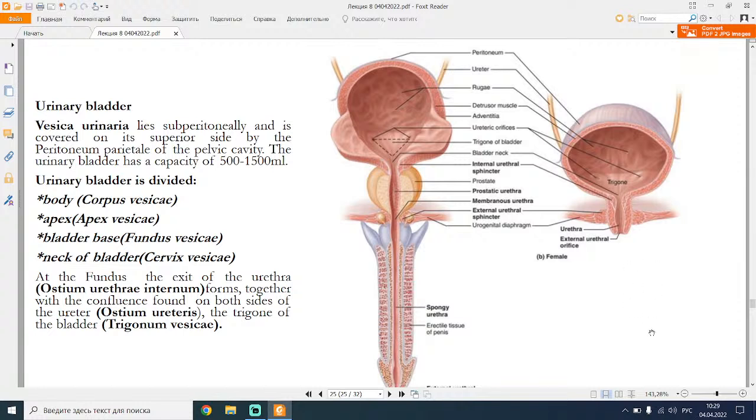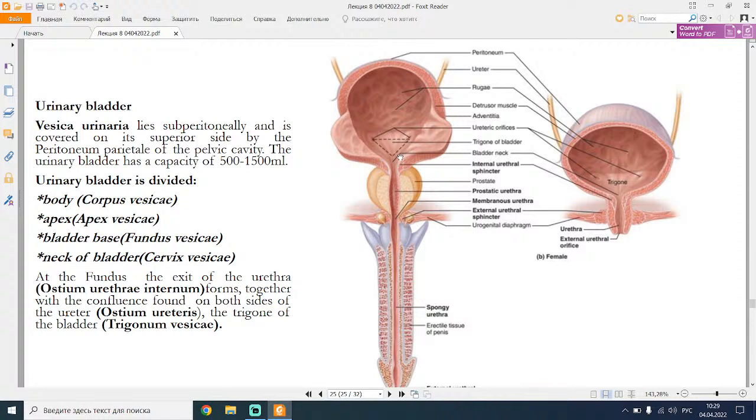At the fundus, the exit of the ureter, ostium ureteris, forms, together with the urethral opening, the trigone of the bladder, trigonum vesicae.